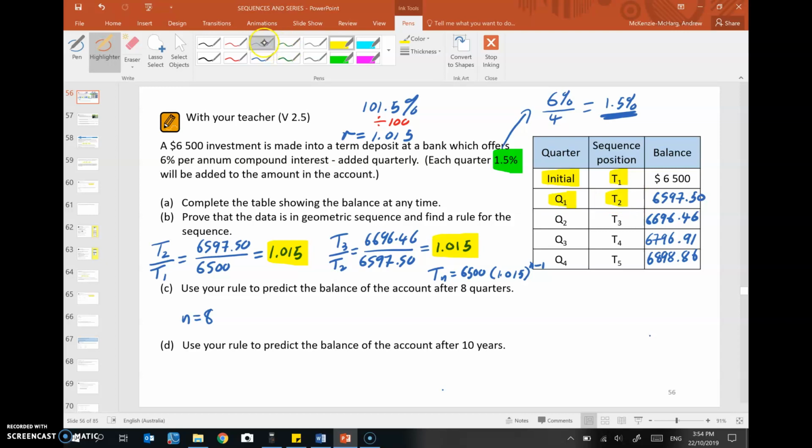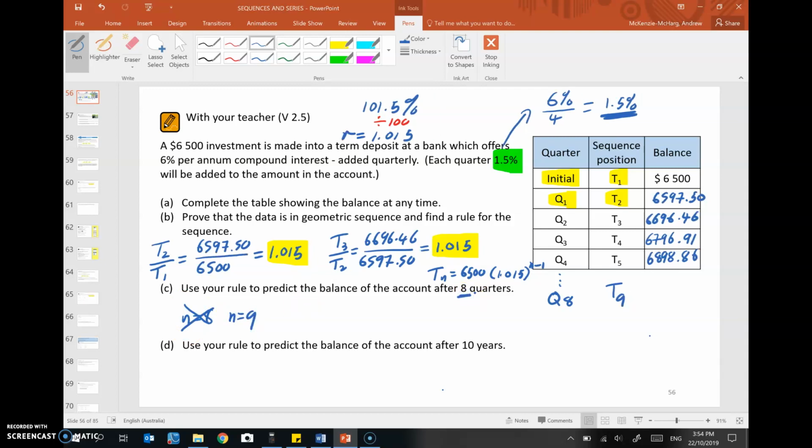So if you were to continue that on down to quarter 8, then we would actually be at term 9, wouldn't we? So this is wrong. N does not equal 8. N equals 9 for 8 quarters.